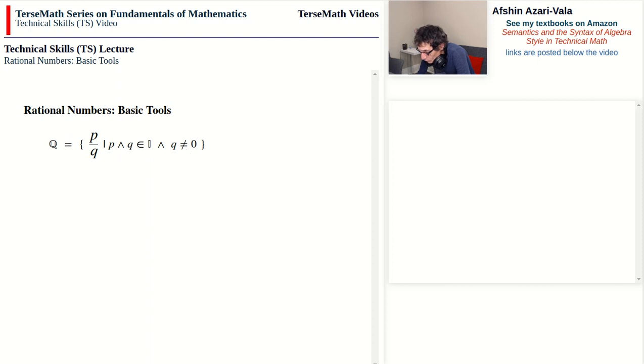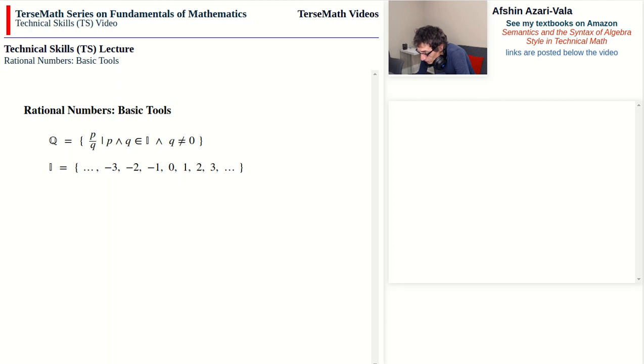But I do remind you that integers are numbers such as -3, -2, -1, 0, 1, 2, 3, and so on. The list goes on both sides. And so the top and the bottom can be any of these numbers, and the bottom number cannot be zero.